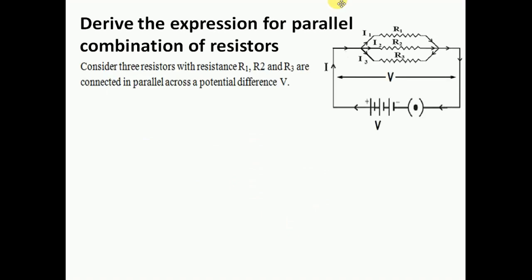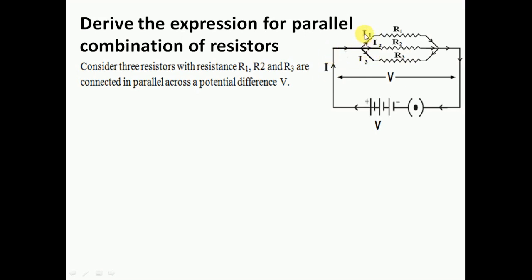To derive the relation I have to consider one circuit in which resistors R1, R2 and R3 are connected in parallel across the potential difference V, and I1 is the current flowing through R1, I2 is the current flowing through R2 and I3 is the current flowing through R3, and total current flowing through the circuit is I. If you add I1, I2, I3 you will get I, because this I is going out here and it is getting split into three parts.